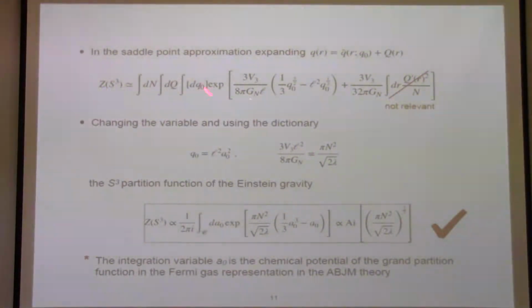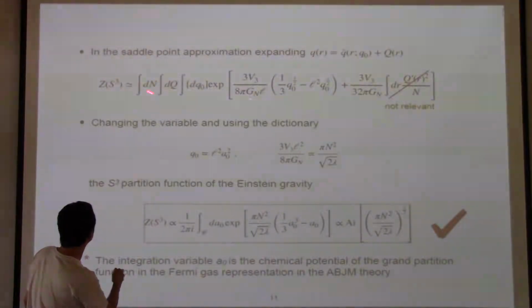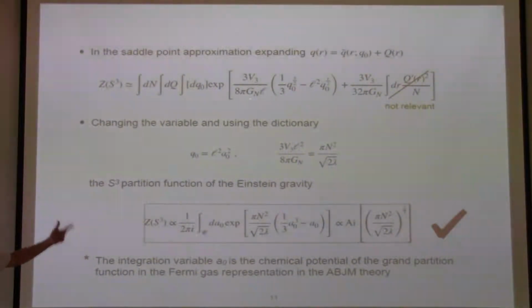So this is what we got, and then there will be this fluctuation integral, and moreover, we will have the lapse integral. But we claim that none of these integrals over the lapse and fluctuation matter, because they will give you a simple dependence on the lapse, and they do not give any non-trivial factors to the partition function.